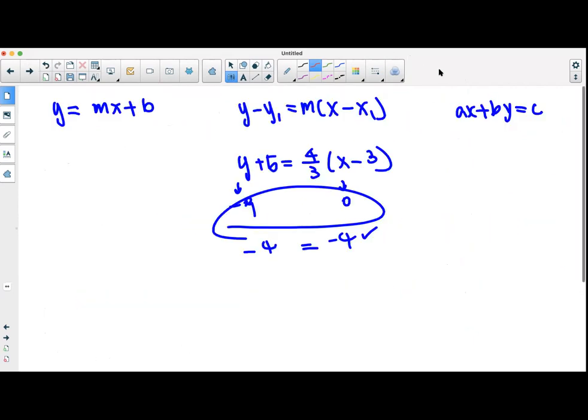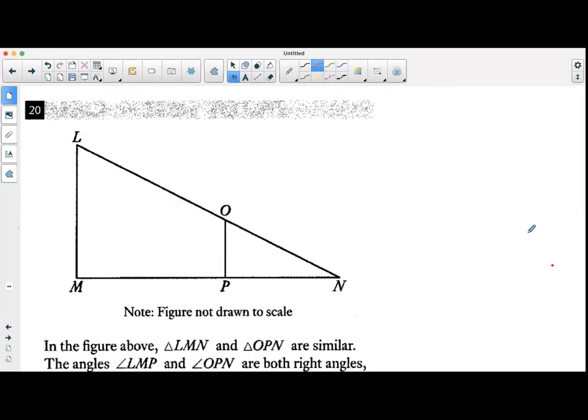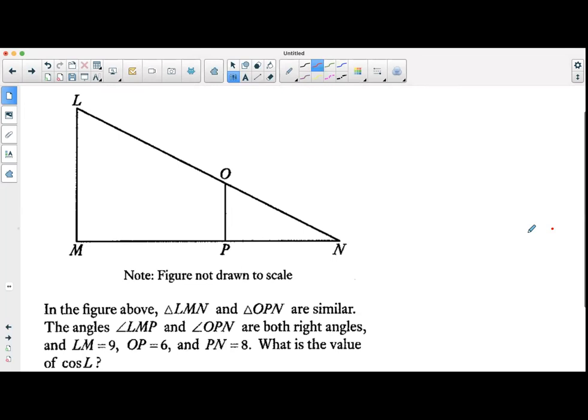Okay? All right. Now, number 20. Here, in the figure above, these triangles are similar. When these two triangles are similar, what do you realize? Yes, their angles are the same.